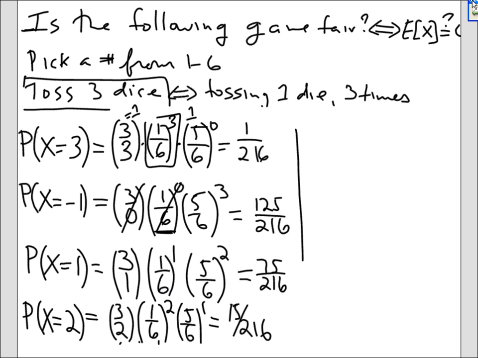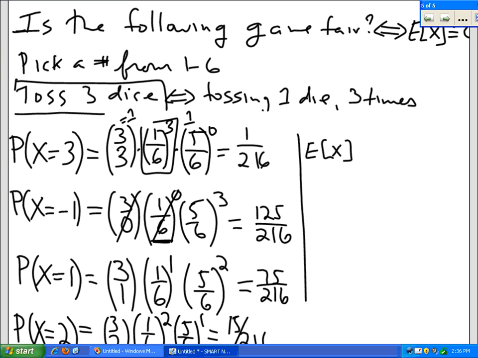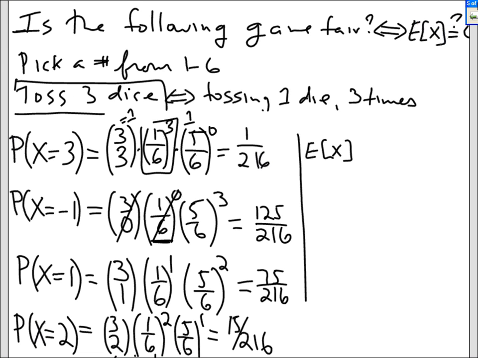So what is the expected value? That's what we need to compute. It's x times p of x. Now let's go in the order we went in.